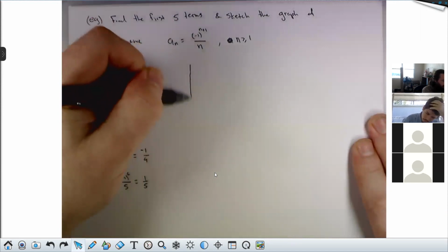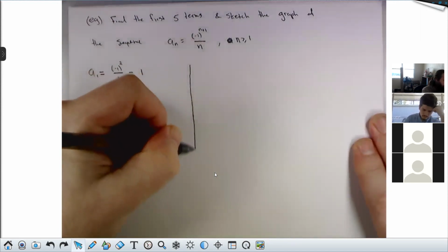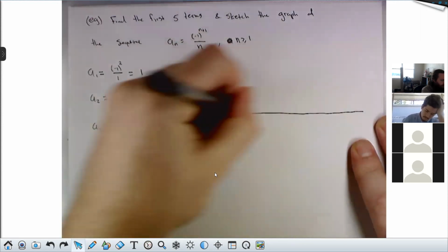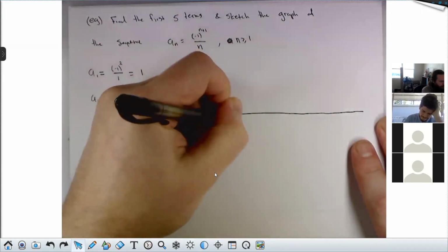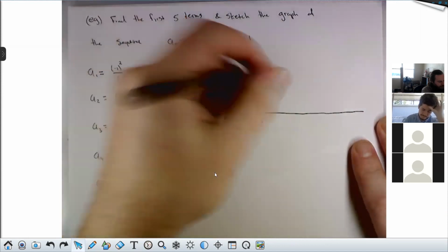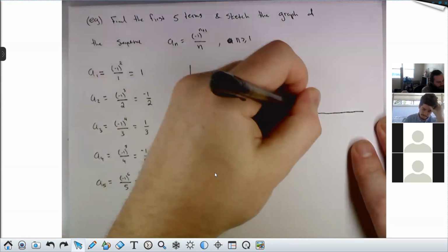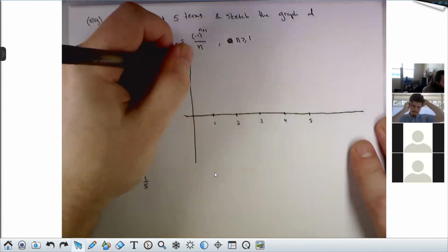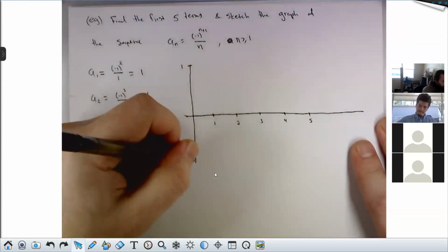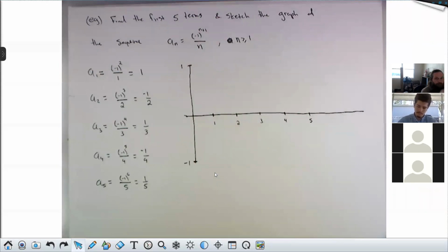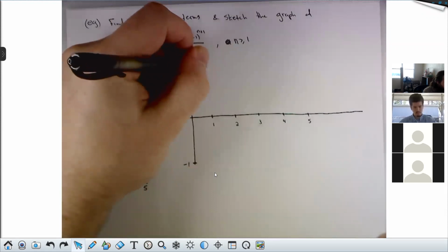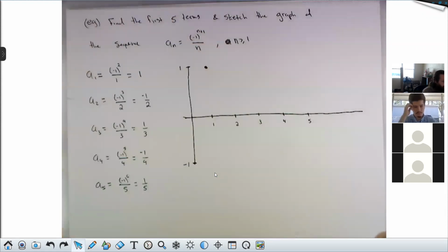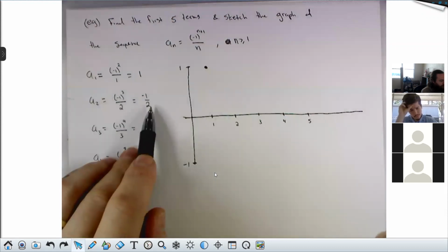And if I want to draw the graph, so something like this. I'll mark this up here as +1 and this down here as -1. So a_1 is 1, which means the ordered pair 1, 1 is on my graph. a_2 is -1/2.